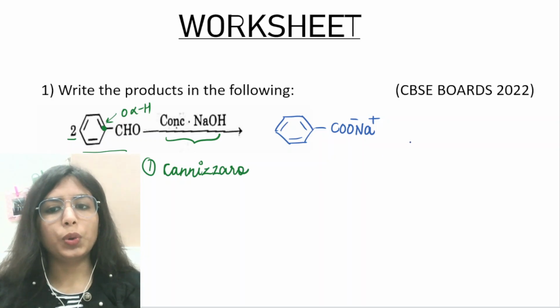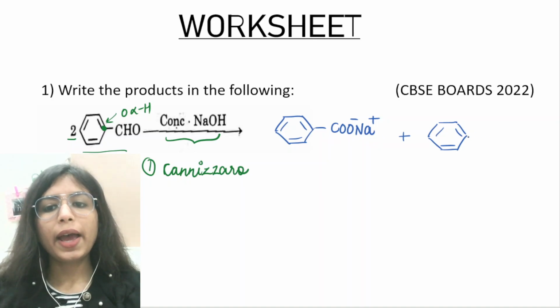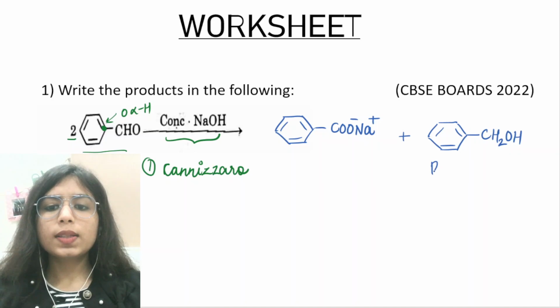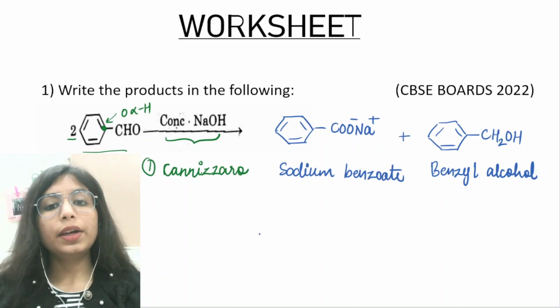So this is your sodium benzoate plus your reduced product. So basically this CHO would be getting oxidized to its acid salt and reduced to its alcohol, that is CH2OH. So this is nothing but your benzyl alcohol, right? And this is your sodium benzoate. So these are the two different kinds of products that you are going to get in this reaction.